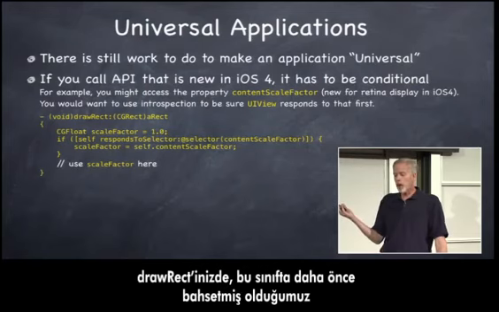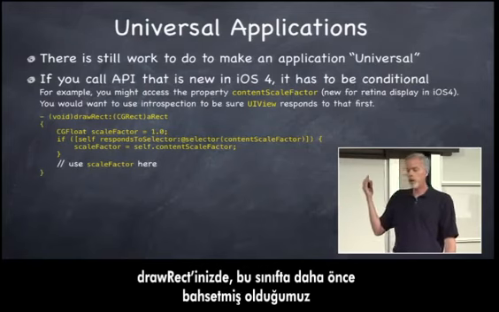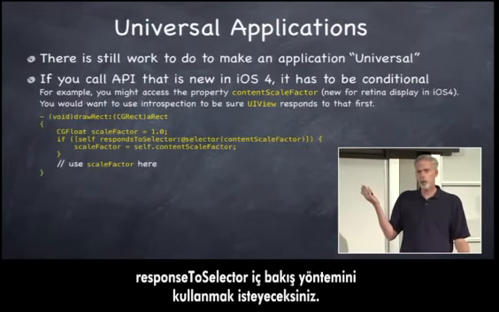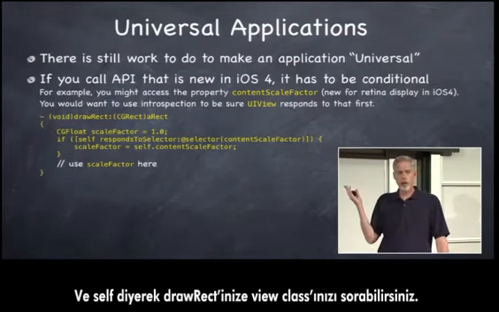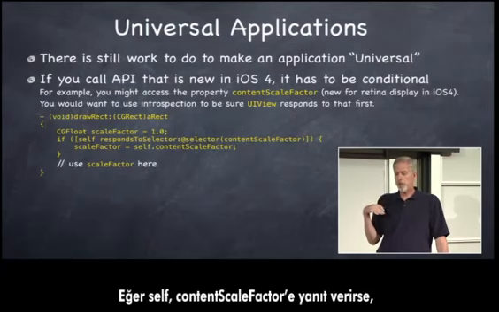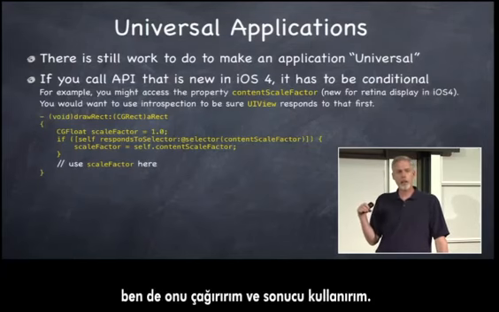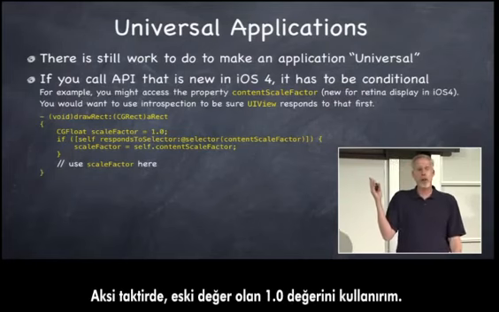So in your draw rect, you would want to call the introspection method we talked about earlier in the class called responds to selector, and you ask the view class by saying self: if self responds to content scale factor, then I'm going to call it and use the result. Otherwise, I'm just going to use 1.0, which is the old value.